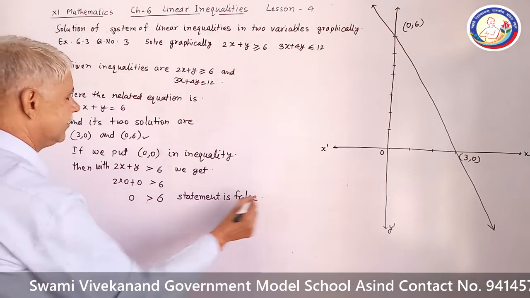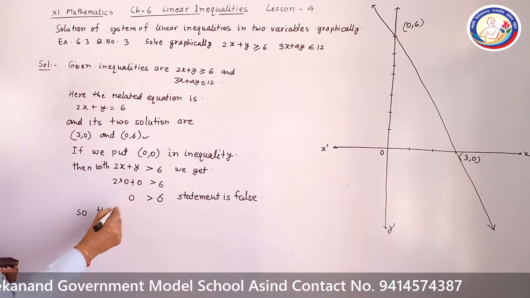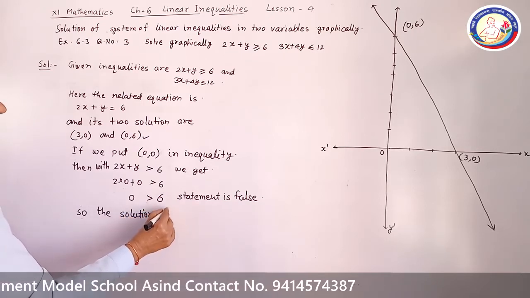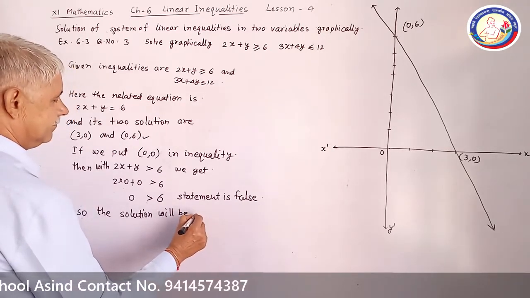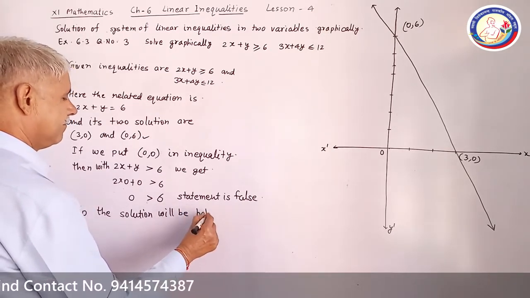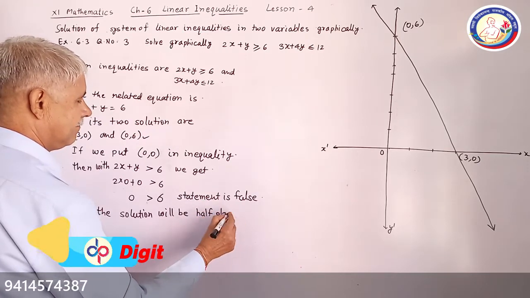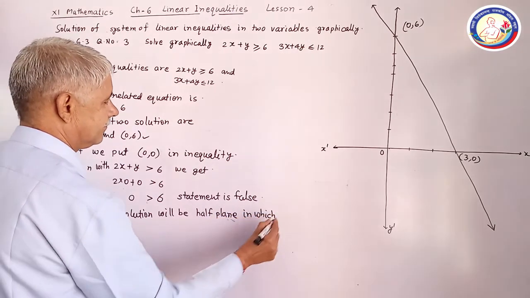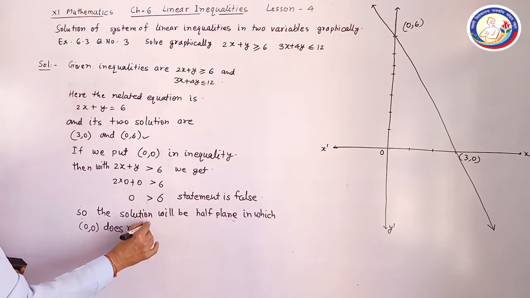False. So the solution will be the half plane in which (0, 0) does not lie.